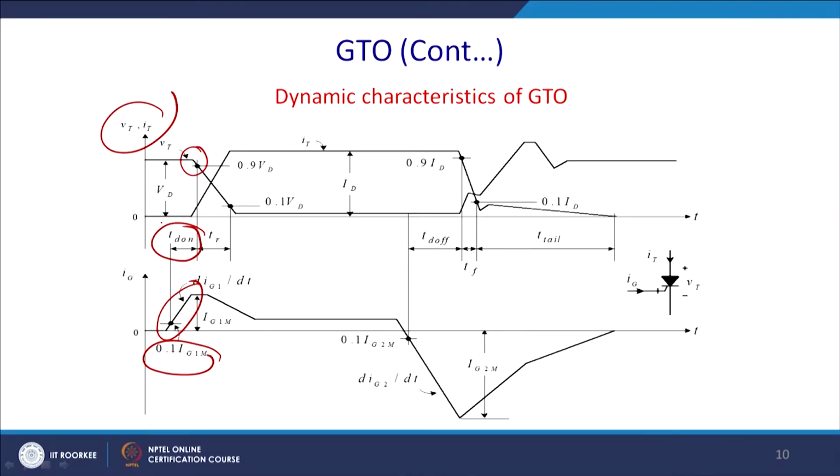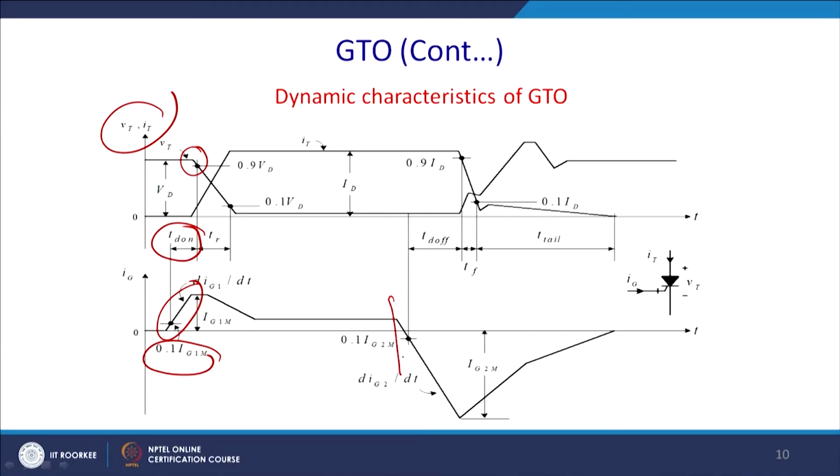This time is called the delay time in turn-on. Thereafter comes the rise time, where Ig reaches its rating, the voltage across this device falls from 90% to 10%, and current rises to 90% of the maximum value. This time is called the rise time.